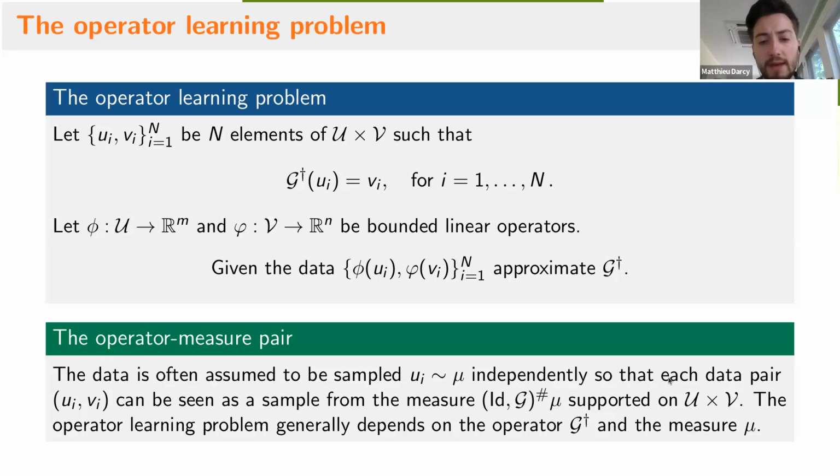And one thing to keep in mind is that the operator learning problem generally depends both on the operator you're trying to learn, the true underlying operator, but also on the underlying measure mu from which you're sampling your data. And I'll be giving an example to show that changing the measure mu can actually change the difficulty of your learning problem dramatically.